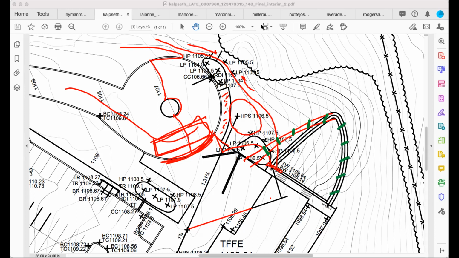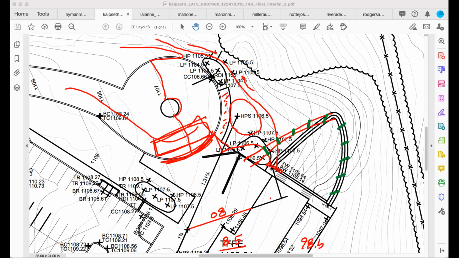So we'll also need to see, okay, this is 08. Yeah, this is 08. Is that right? Yes, yeah. So TFFE roughly like this. Bottom FFE 98.5.